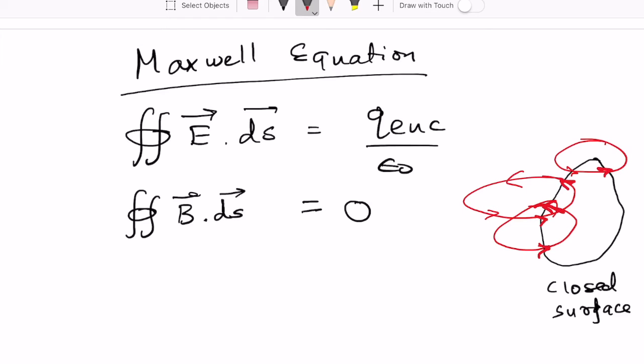So every field line that enters the closed surface has to exit the closed surface, because the field lines form a closed loop. It's not possible for a field line to come in and terminate over here. That would be possible if you had magnetic monopoles, which are the analog of electric charges, just like you have a positive charge or a negative charge.